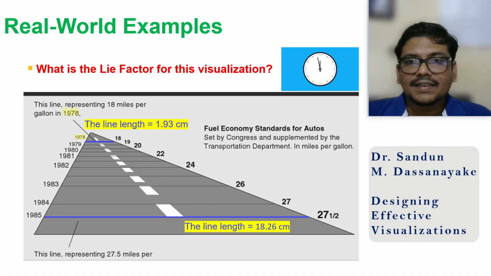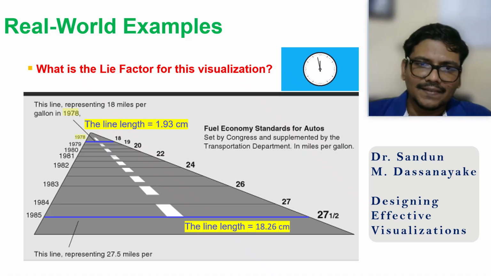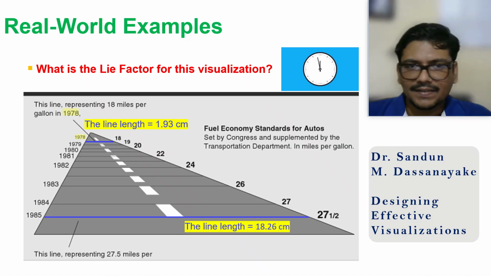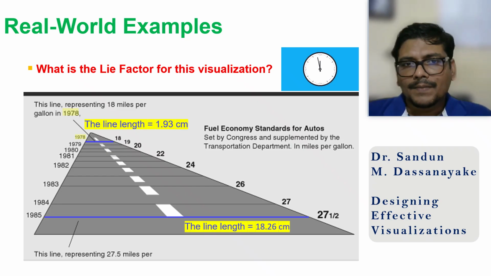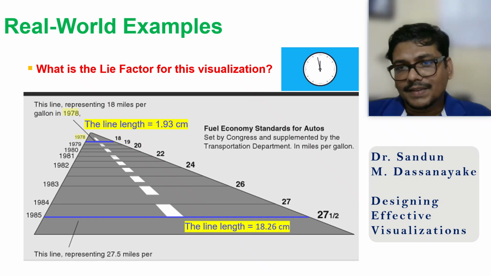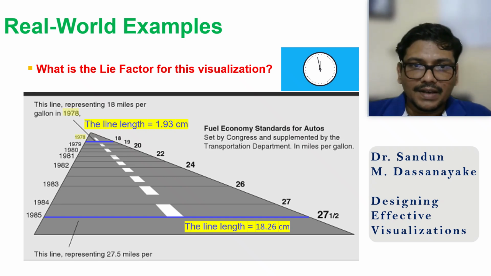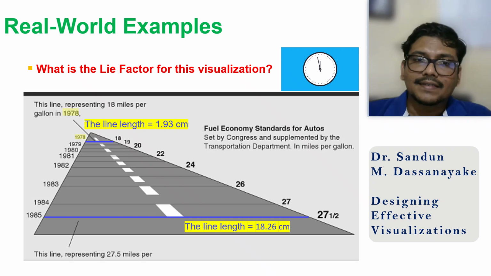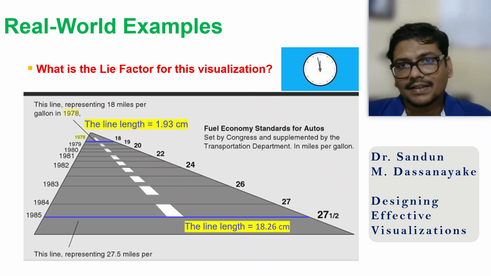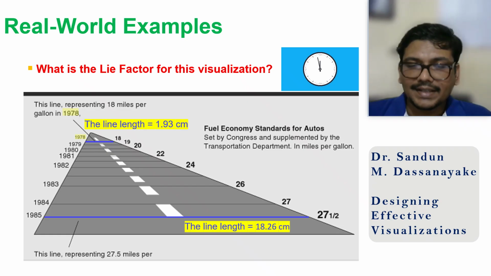Small differences come from how precisely the line lengths were measured on the original graphic, so this can change, but very slightly if you measure it by your own. Any lie factor this far above 1.05 is counted as a seriously exaggerated graphic. It's misleading.